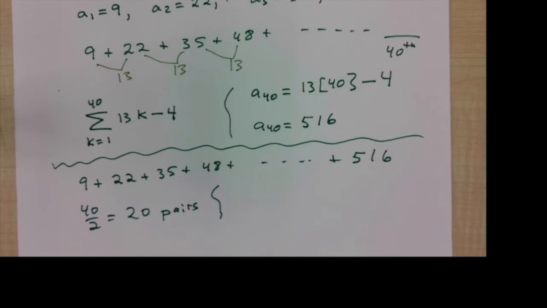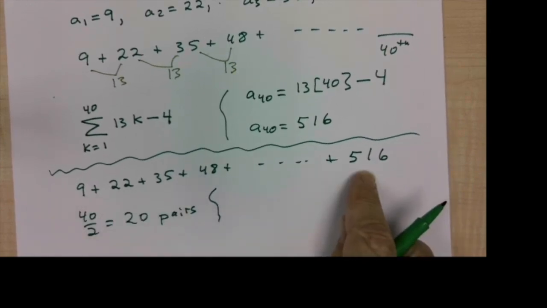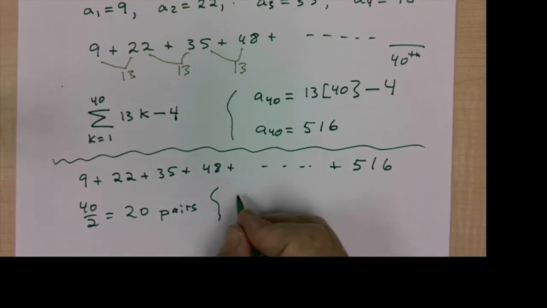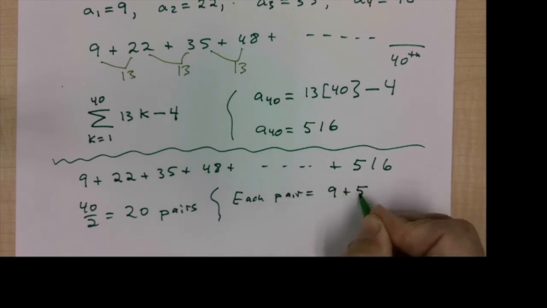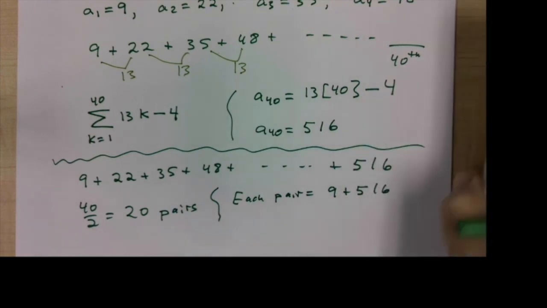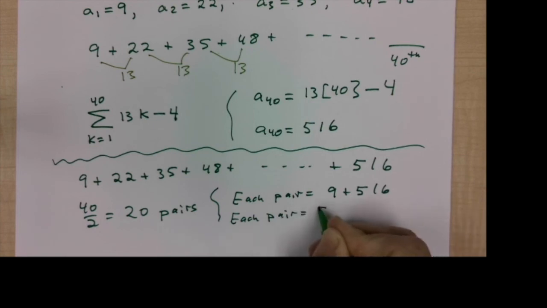How much is each pair? The first number is 9, the last number is 516. So each pair equals 9 plus 516, which gives me 525. Each pair is 525. So what is my total?